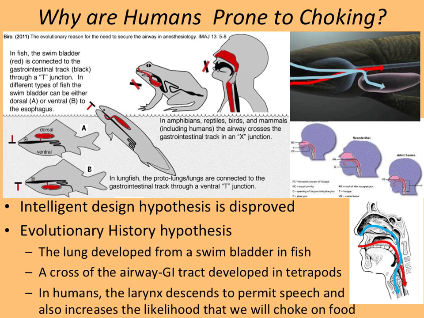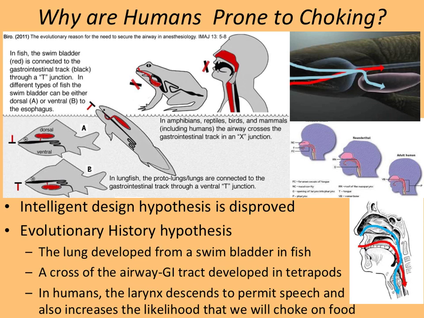A cross of the airway and GI tract developed into tetrapods. You wouldn't do that. You would actually have two separate openings, not through the mouth. And then what happens is, for speech, and this evolved later, the larynx, which is where the vocal cords are, and the pharynx, it actually descends in an adult.